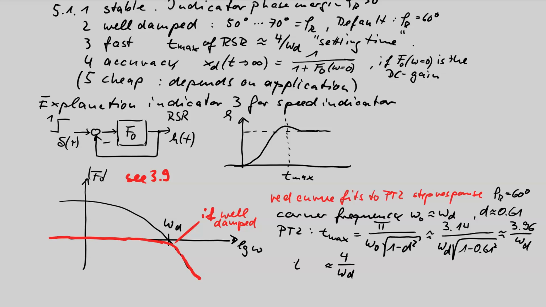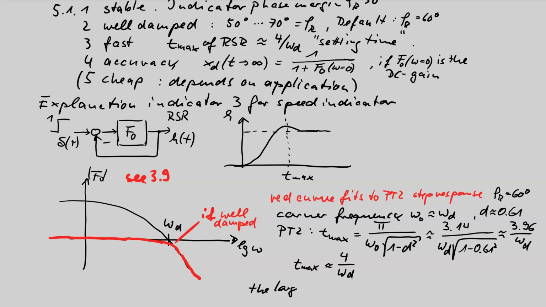Very simple. Tmax can be estimated by 4 divided by omega d, and this is a very good speed indicator. So make the crossover frequency as high as possible. This gives very small reaction times, settling times, make your system fast. The larger omega d, the faster the system.